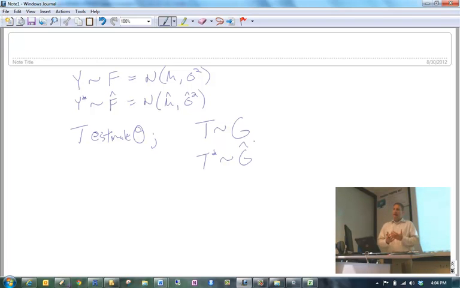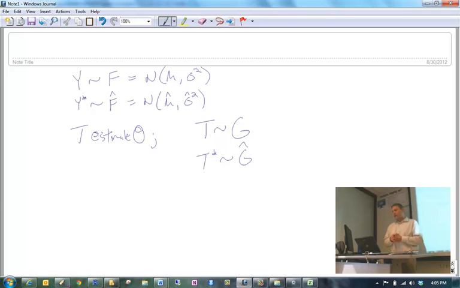G hat estimates g. Once we have g hat, then we can use g hat instead of g for inferences like confidence intervals and hypothesis tests. So that's why we're really interested in g. And the bootstrap provides us a way to do that.